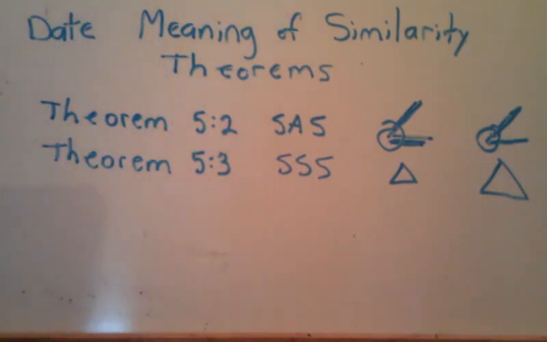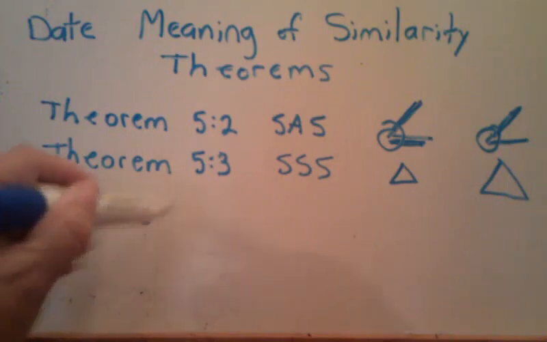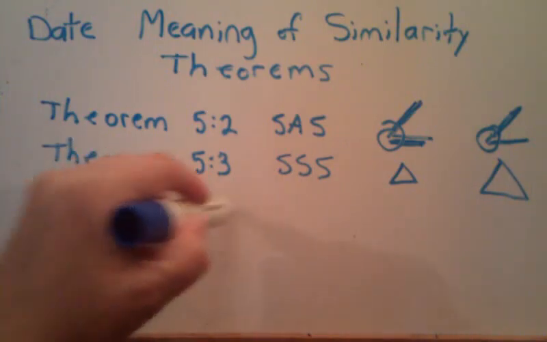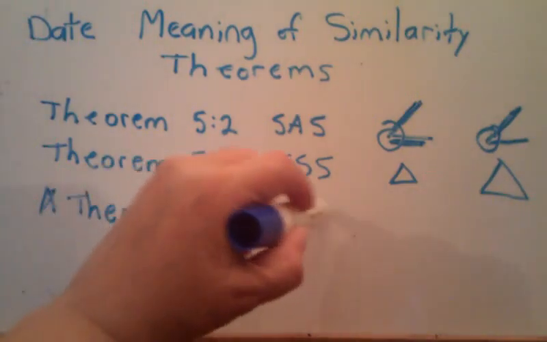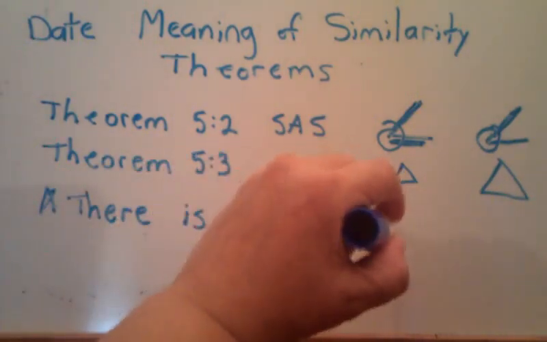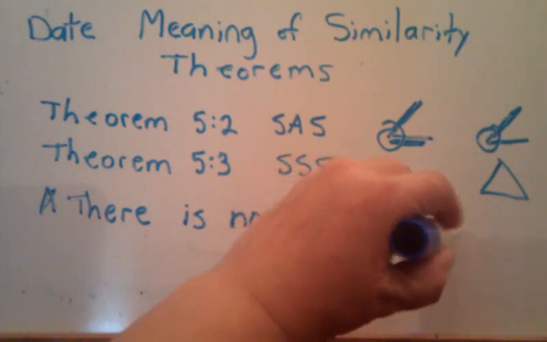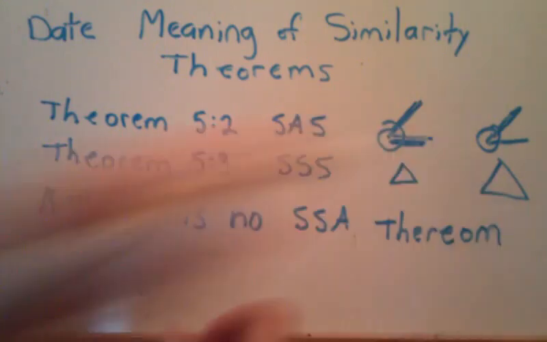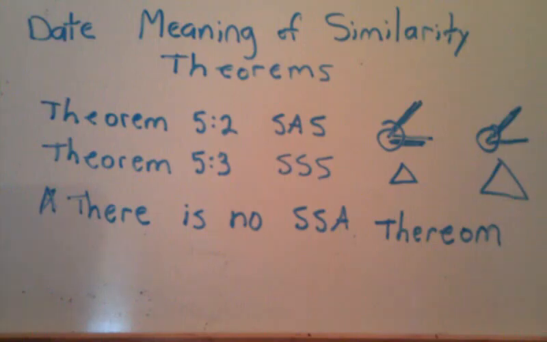So there's no such thing as a side-side angle theorem. There is no side-side angle theorem, because just because they're similar doesn't mean the triangles are similar.